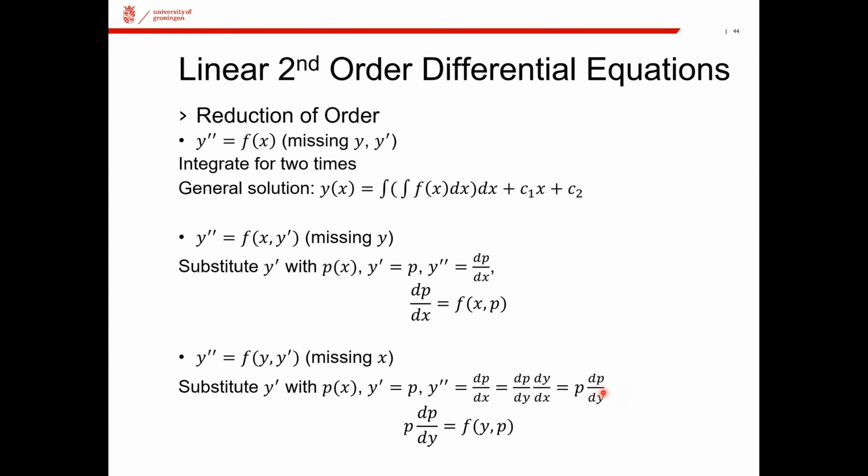So this is the derivative of p with respect to y. And then we substitute y double prime and y prime using these two equations, and then we will have this equation. And then still we can solve for p, and then we substitute p with y prime again. And after the integration, we can have the solution.